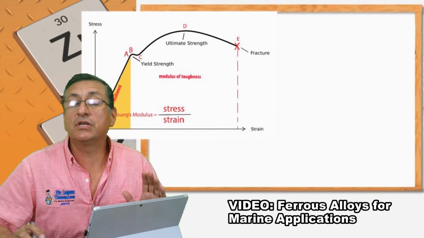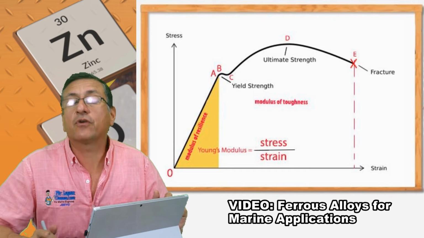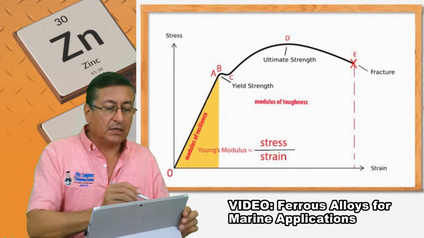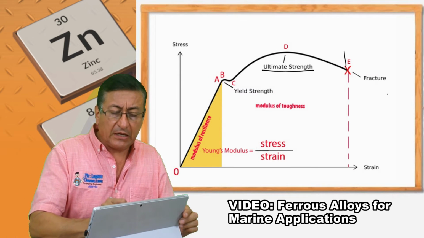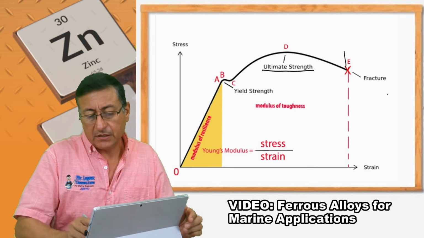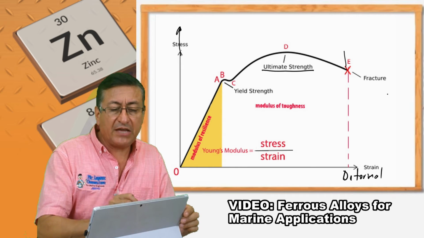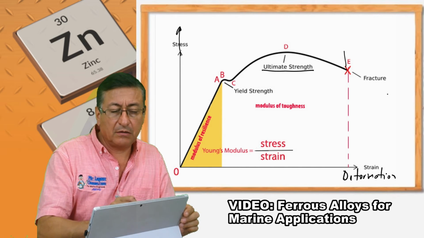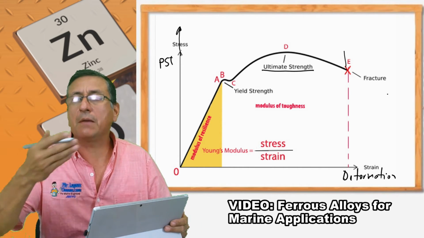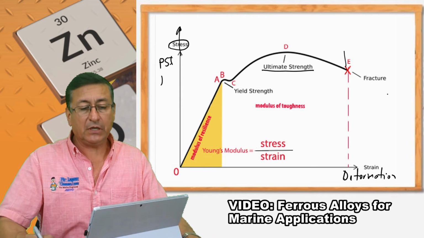We are going to consider the curve of deformation of a steel. The curve of deformation of a steel is this. This is the deformation, and this is the strength in psi, the strength applied to the steel.